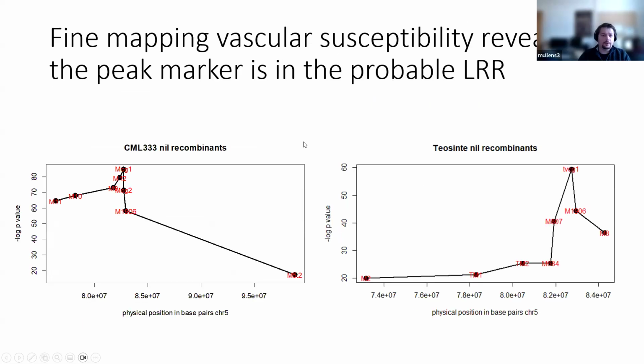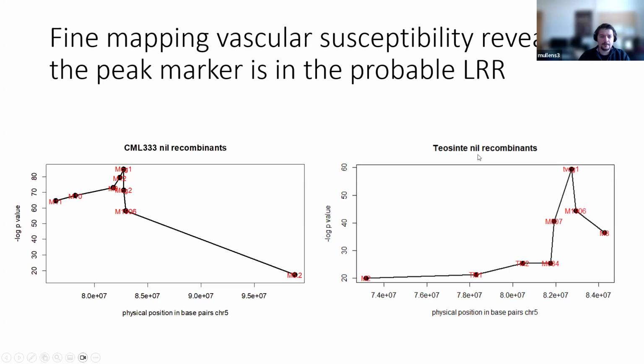I've also been working to fine map that chromosome 5 QTL using populations that are descended from the NIL 1290 and the teosinte NIL that I mentioned previously. And the highest marker here in each of these is within the candidate gene.